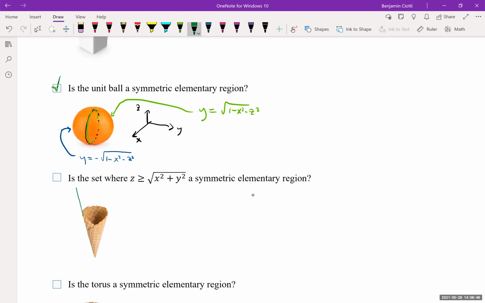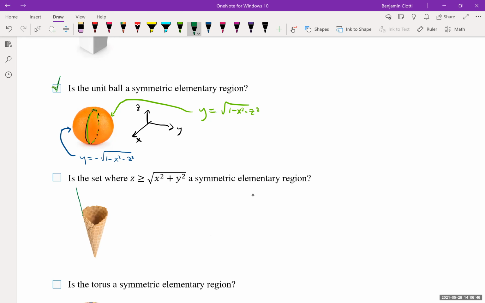Oh, Nikhil is asking about symmetric across every axis. Yeah, so my use of the word symmetric here doesn't actually have anything to do with the way we usually use the word symmetric. It's an unfortunate choice of terminology, which I didn't make, but this is what the book uses.